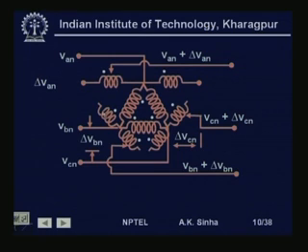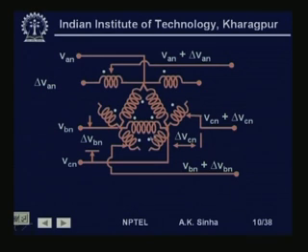Similarly, we have a winding here which is connected at the midpoint to B, and this has a phase which is the same as AC. Similarly, we have another winding which is connected at the midpoint to phase C, and this has a phase which is the same as AB.